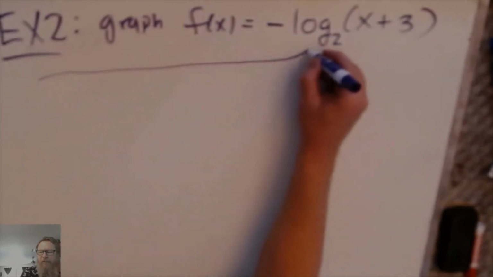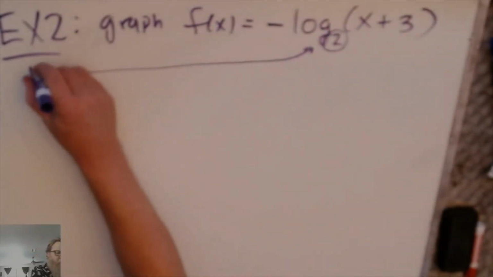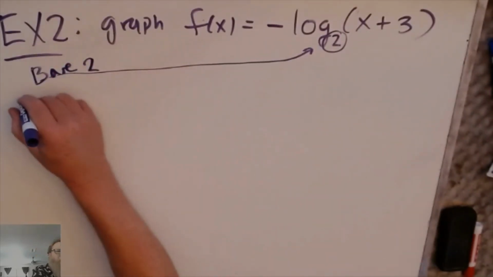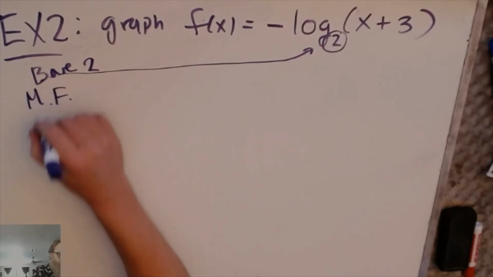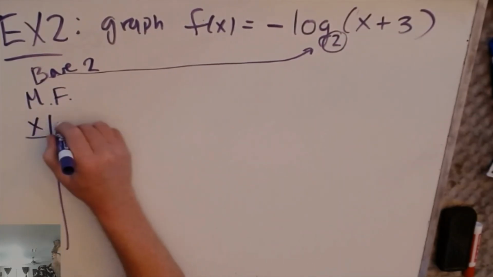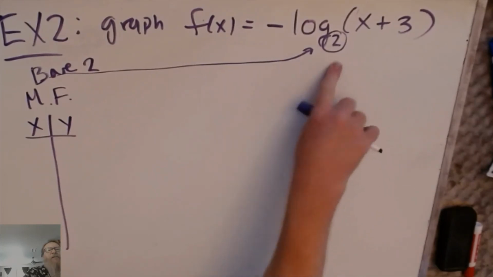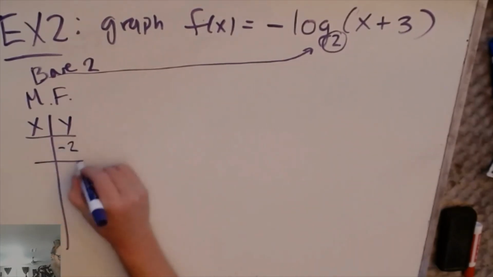As long as it's the same base as before, you can use the base 2 mother function. If the base changes, then I'm going to need a new mother function.